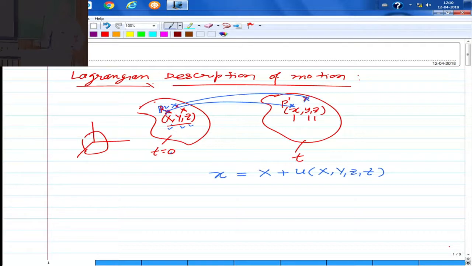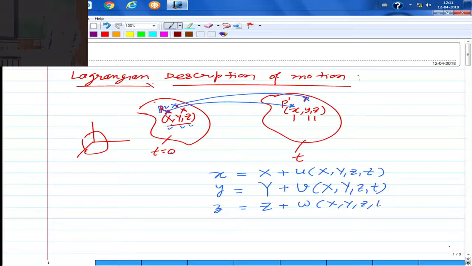Similarly for y, you will write its initial Y coordinate plus displacement along the y direction, which is again a function of X, Y, Z and t, meaning that for different points that displacement is going to be different. And similarly for z, that is going to be Z plus displacement along the z direction, again a function of X, Y, Z and t.